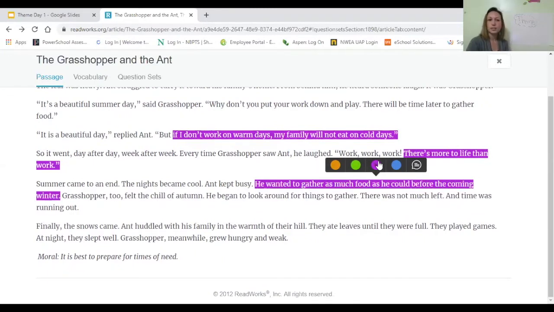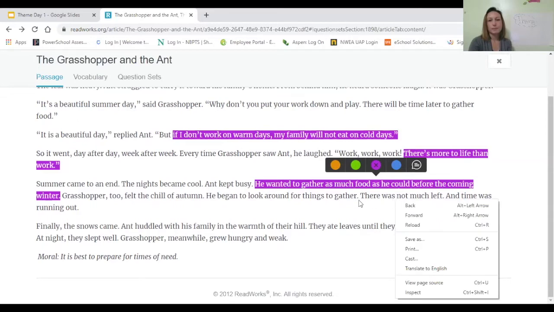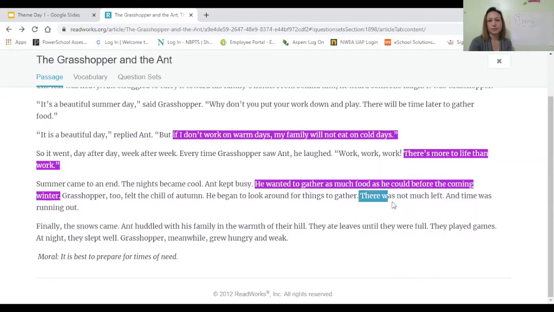And what about Grasshopper? Grasshopper began to look around. There was not much left. So by the time Grasshopper starts looking for food, there's not much left. It's not there because other animals have gotten it.